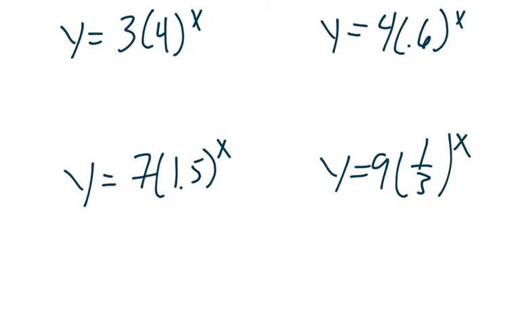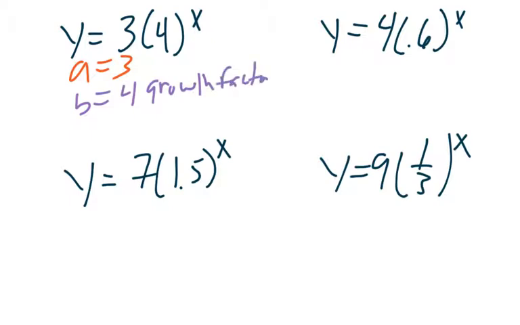So if you look at the example here, our a value is 3. Our b value is 4, so we have a growth factor of 4. And our r value, or growth rate, is 4 minus 1, or 3.